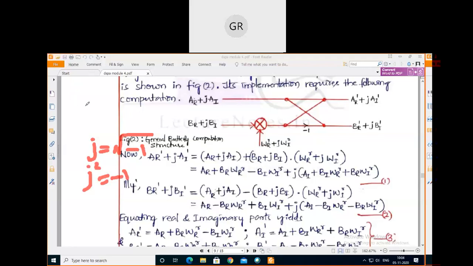Here, multiply with AR. You can simplify this one.